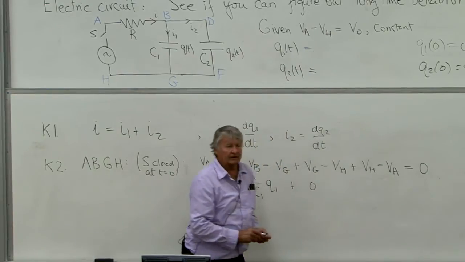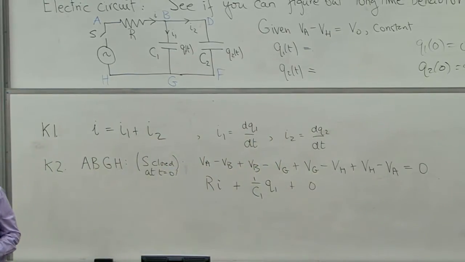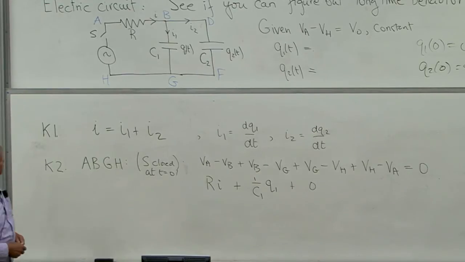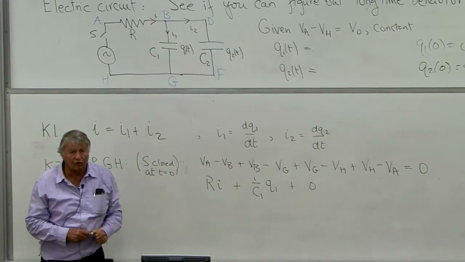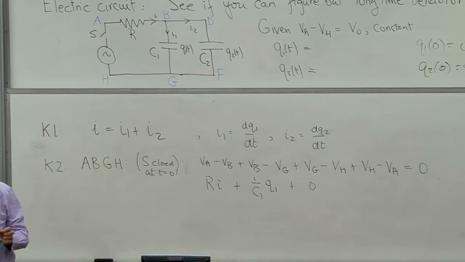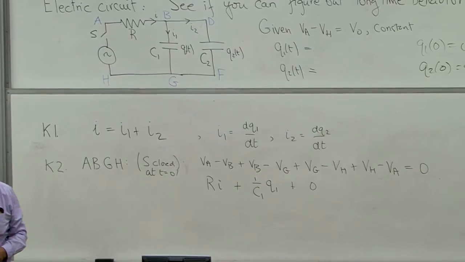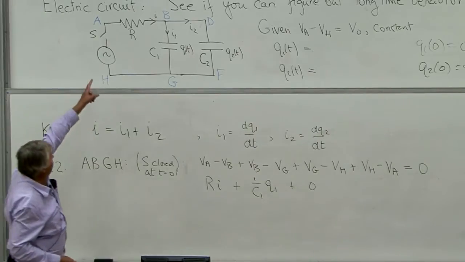Now, a young lady asked me last time, she was a bit puzzled, and she was right to be. She sort of said, well, isn't there a bit of resistance along here too? Of course, that's true. Along every bit of the wire, there's a resistance. So, strictly speaking, if I had little r as the resistance in ohms per unit length of the wires I was using, I would have to add that in.